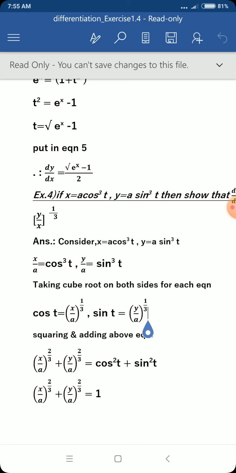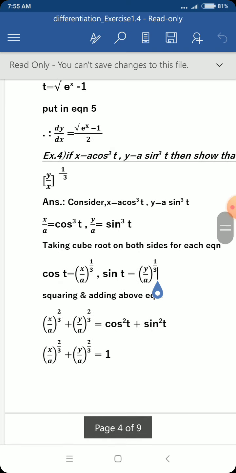On the LHS, cube root and cube cancel. Therefore, we get cos t is equal to x upon a bracket raised to 1 by 3 and sin t is equal to y upon a bracket raised to 1 by 3.